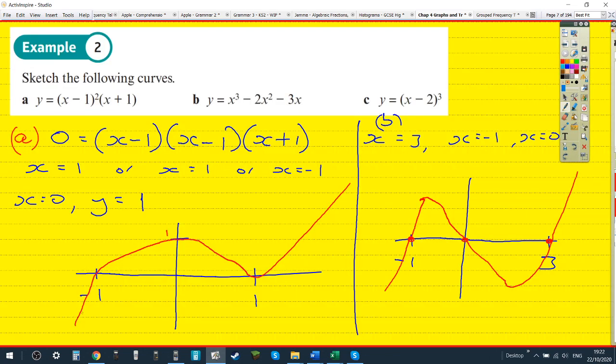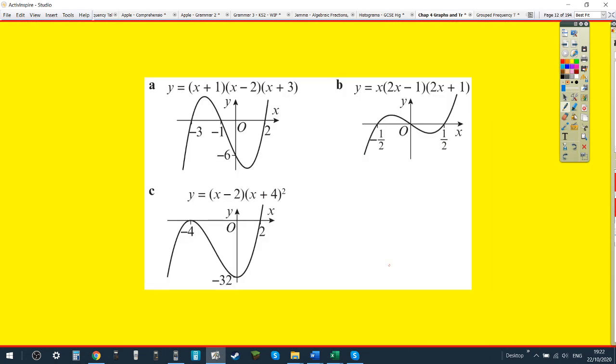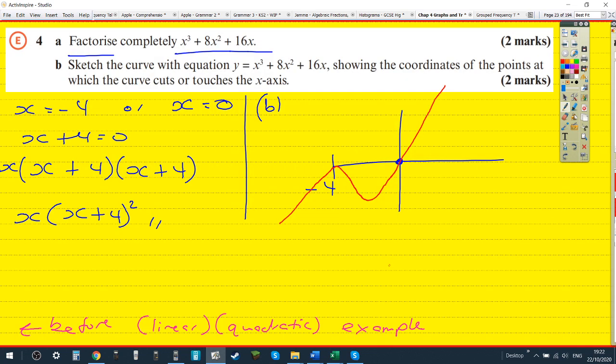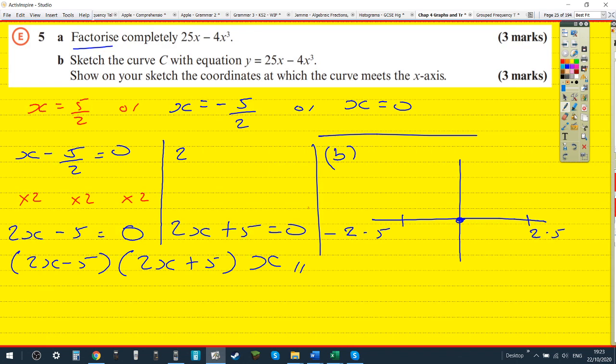This one positive starts bottom left. And then this one was positive x cubed, so it started bottom left. This one, however, we have the minus 4x cubed, and so that's going to start top left.